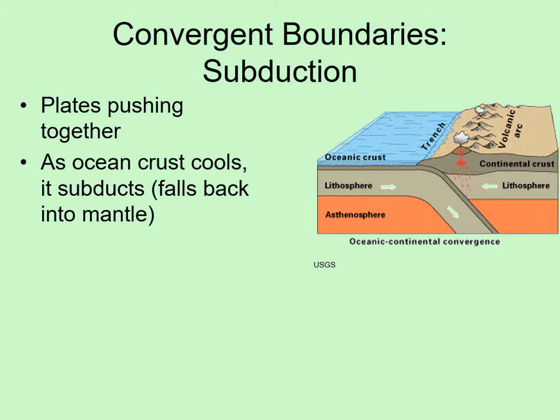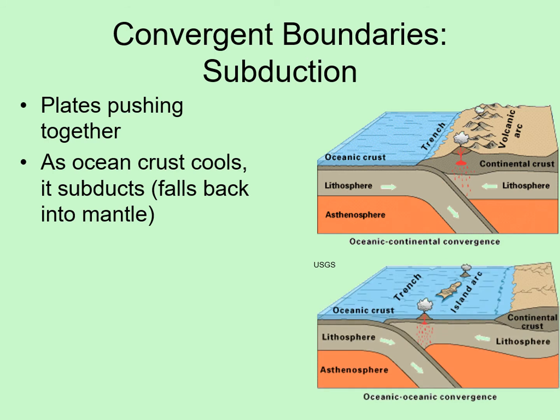The ocean crust dips down under the continent and into the mantle. Whenever a section of ocean crust moves towards continental crust, it's the ocean crust that is subducted because it's denser than the continental rocks. The lower diagram shows the same pattern in a collision between two sections of ocean crust.